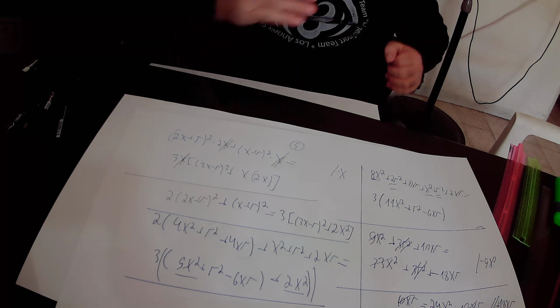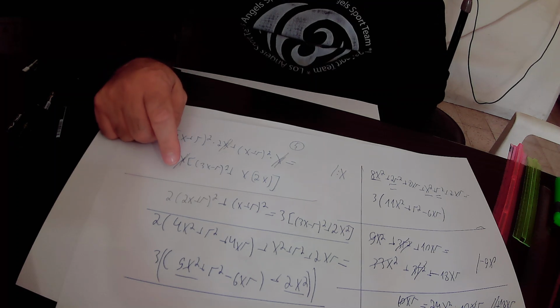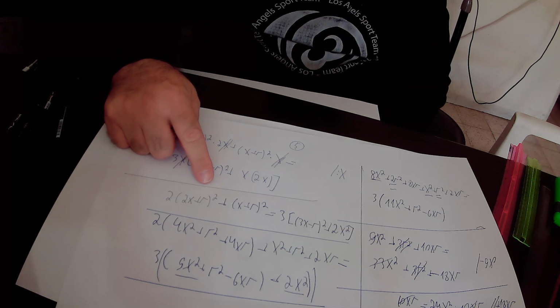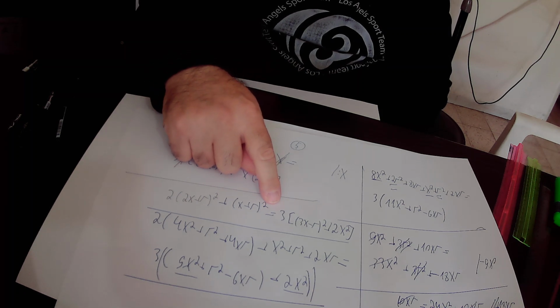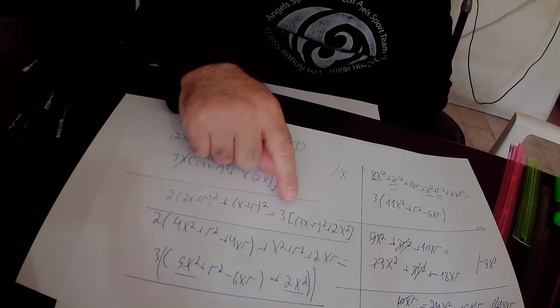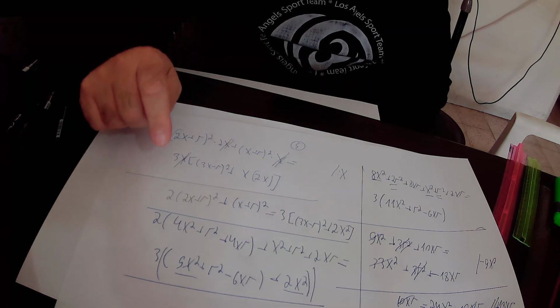What is left from this equation after we cancelled x? Here we have 2 times (2x + r)² plus (x + r)² equals 3 times, inside the brackets we have (3x − r)² plus 2x².